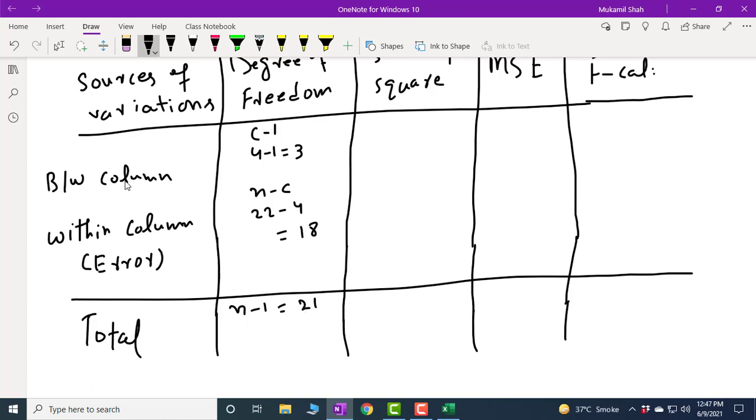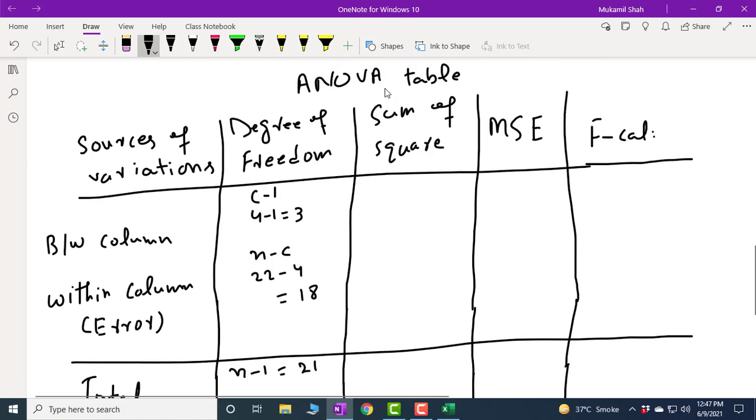Next, we need to calculate the between column sum of square. Column sum of square we have already calculated. CSS represents the column sum of square, and this value is equal to 30.32. Then you need to calculate the error sum of square, and the error sum of square has also been calculated over here.